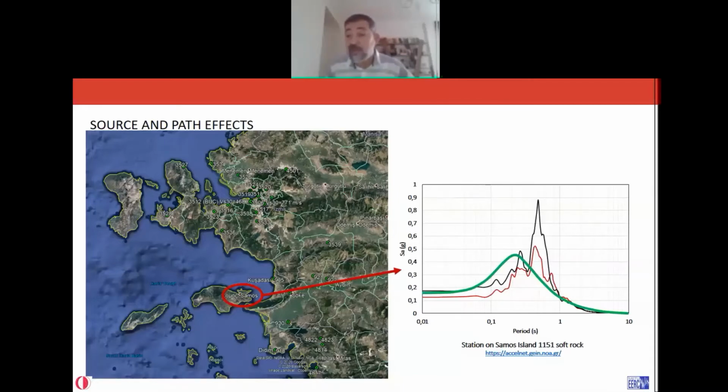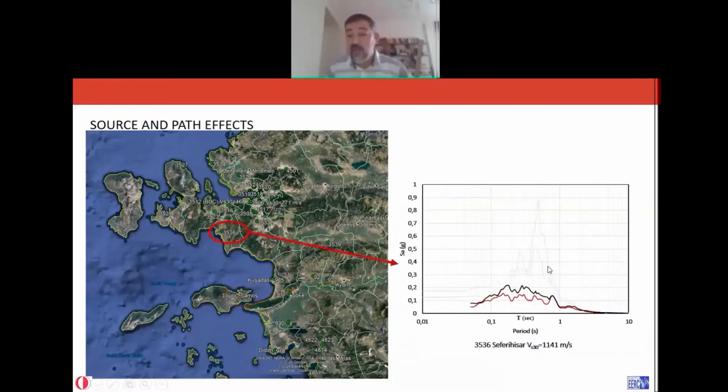And the green curve is our ground motion prediction equations. As you can see, for some unknown reason, we have some long period energy concentrated in the range of maybe 0.5 to 1.5 seconds, or maybe slightly less than 1 second, in that source region.